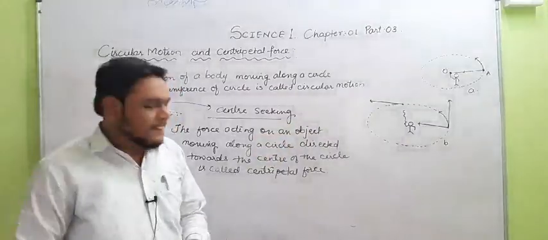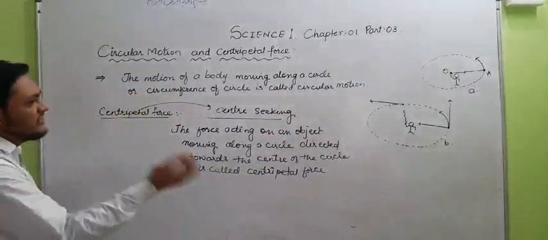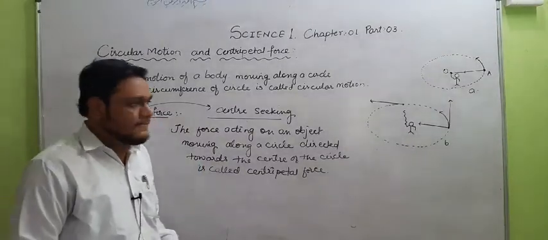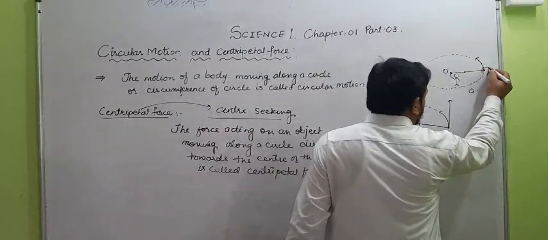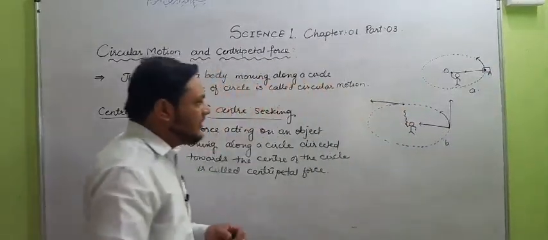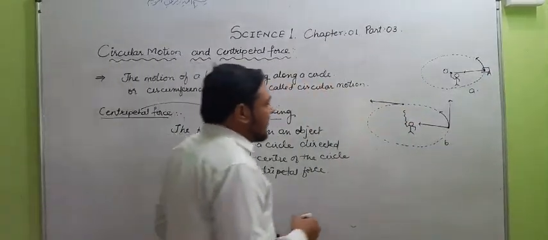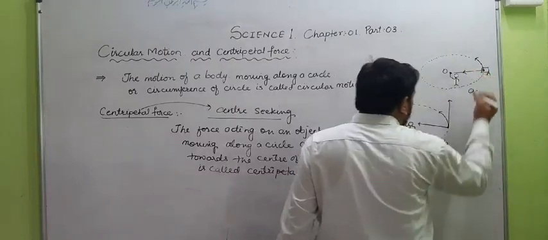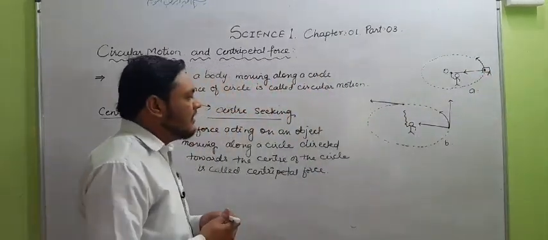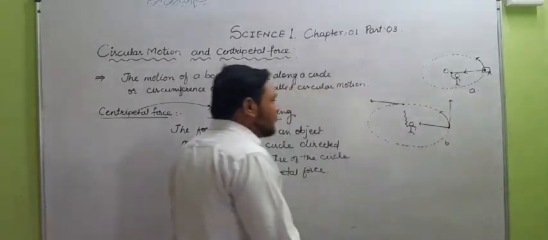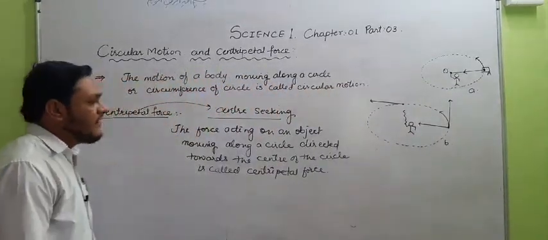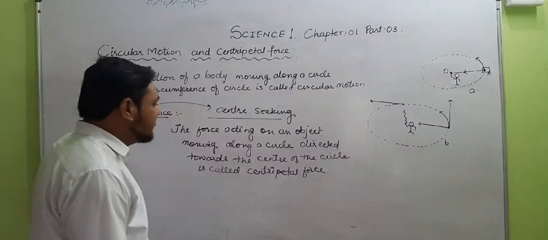Students, remember, the direction of centripetal force is towards the center of the circle. While this stone is performing the circular motion from the position A, the direction of centripetal force is towards the center of the circle, and when we release the string, the stone will fly off tangential to the circular path, which means it will fly off in a straight line tangent to the circular path.